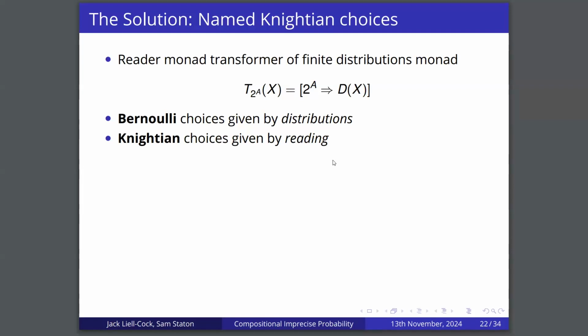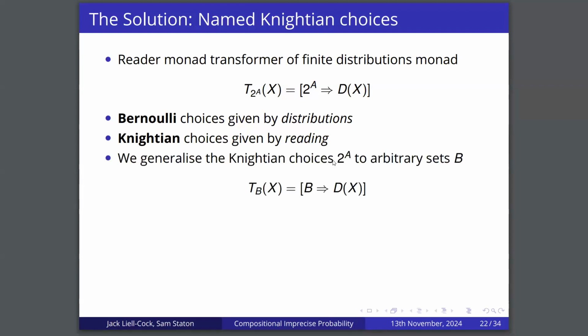And then the way we can recover, before we do that, instead of looking at this 2 to the A as basically sets of coins, where we put it to the power of 2 because those are the sets of possible outcomes, we generalize this to a set B. So basically you can think of the set B here as being, okay, these are the possible non-deterministic paths we can take.